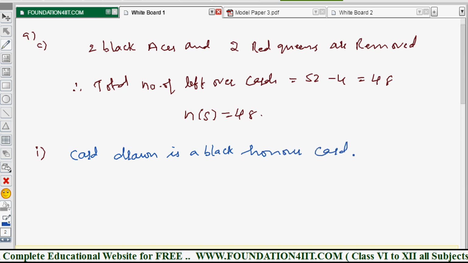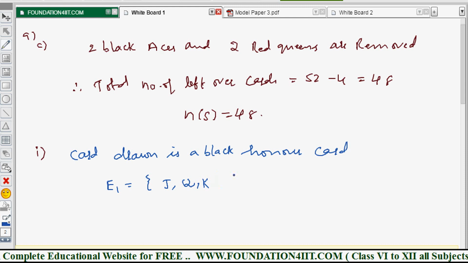I already said what honor cards are: A, J, Q, K, but some are removed. After removing, the remaining are only J, Q, K, because the two black aces are removed, and two red queens are also removed.